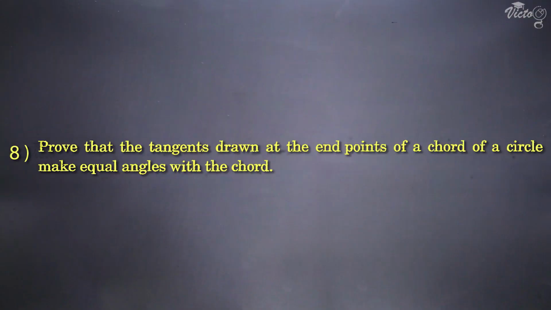Prove that the tangents drawn at the endpoints of a chord of a circle make equal angles with the chord. Here we have to prove the tangents drawn at the endpoints of a chord of a circle make equal angles with the chord. Here also we have to draw a rough figure.